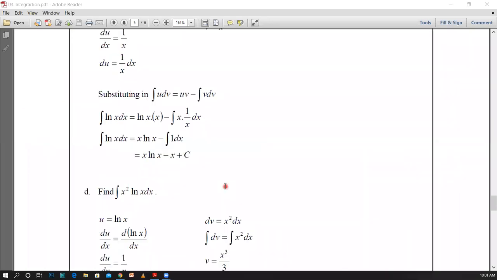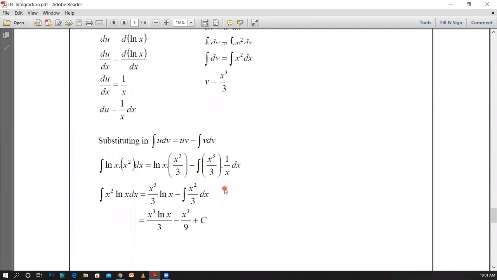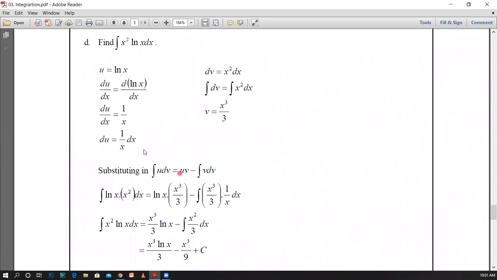Another example is included for this. Here you are asked to obtain the integral of x squared ln x. According to the integration by parts technique, first of all we need to apply the Euler technique. x squared is algebraic, ln x is logarithmic.